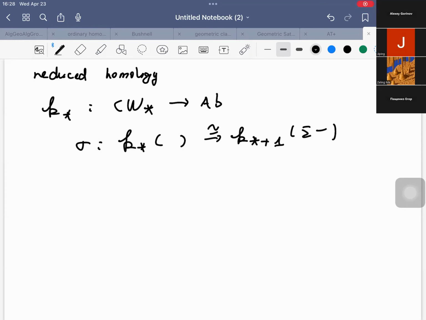Firstly, it's a functor to graded abelian groups. So we have not just one abelian group, but in general countably many. This is the index number.